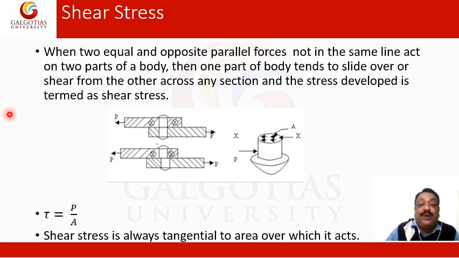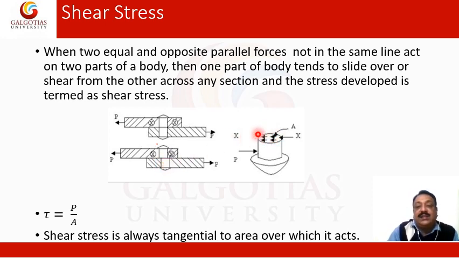What will happen to the body? Consider two plates joined by a vertical rivet, which is shown here in the figure. When the force is sufficient to pull it apart, what will happen? At the section which I am showing here, at the contact surface, at this tangential area, the rivet will break down, and this is called shearing.